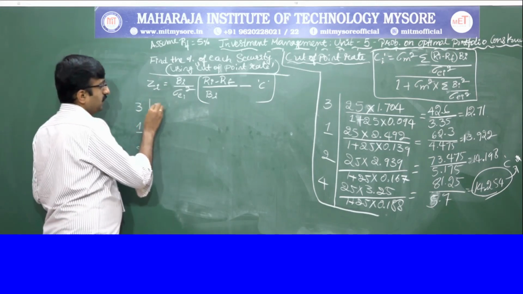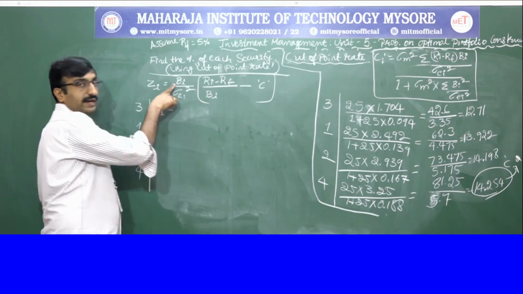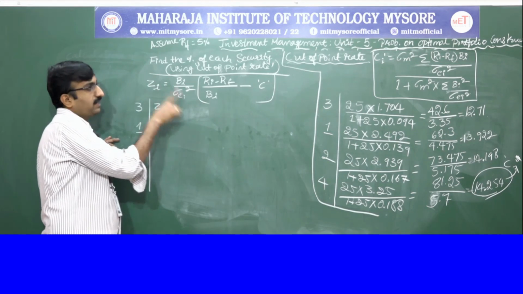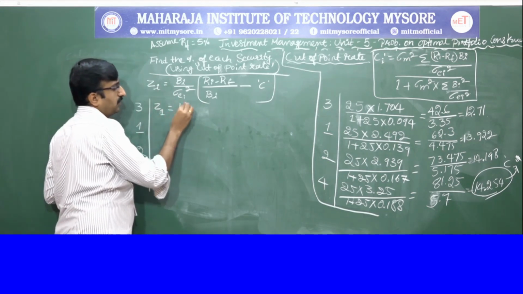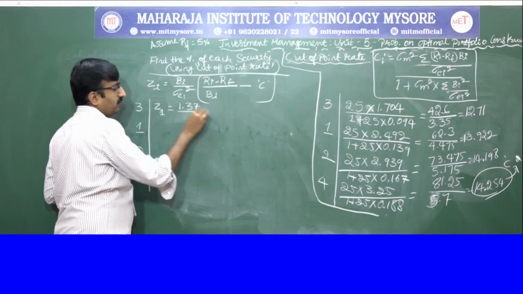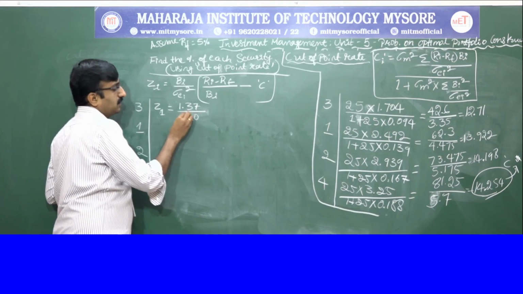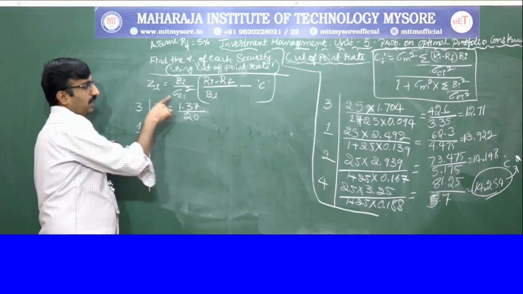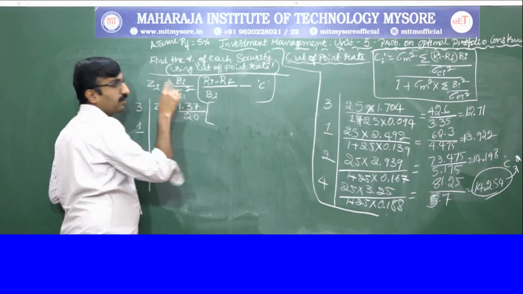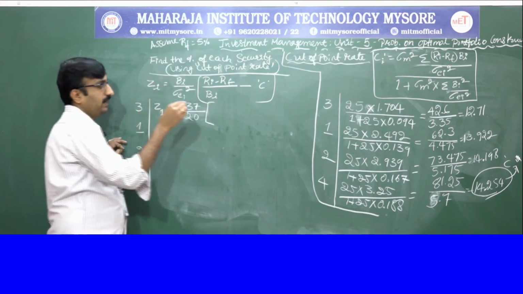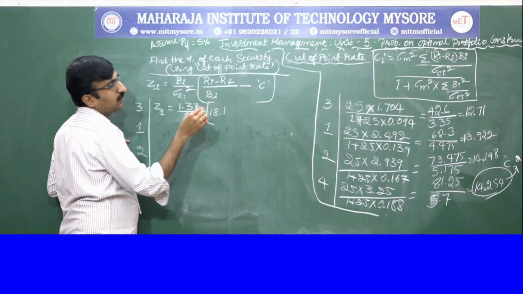Okay. So Z1 is equal to individual security Bi divided by standard deviation ei square. So how much we have? The third rank, first one is 1.37. We have the market return, that is variance standard deviation ei square is 20. Then Ri minus Rf, for the particular security, how much you got?